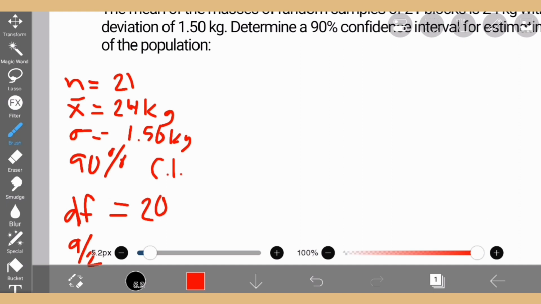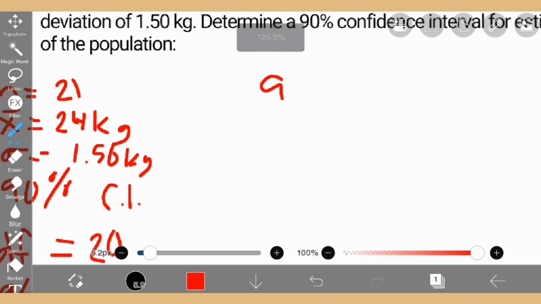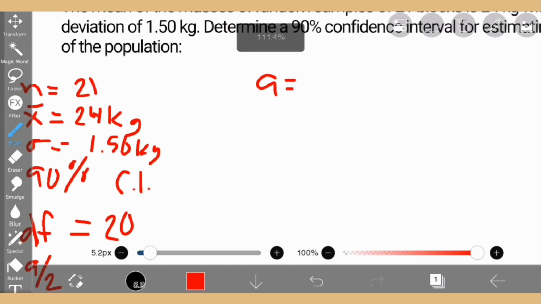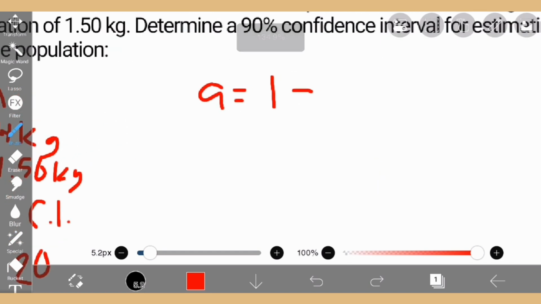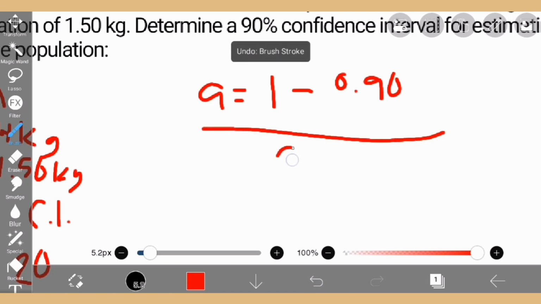So for alpha over 2, the value of alpha will be 1 minus the value of the confidence interval. We can't write 90% in the equation itself, so you're gonna turn that into a decimal, which will become 0.90. So just divide it by 2.